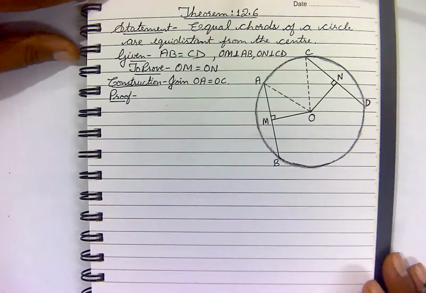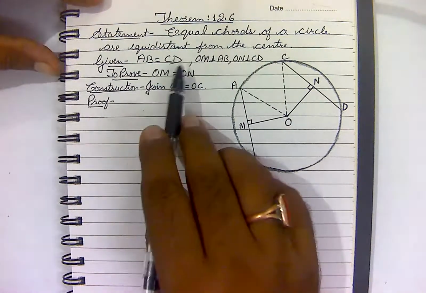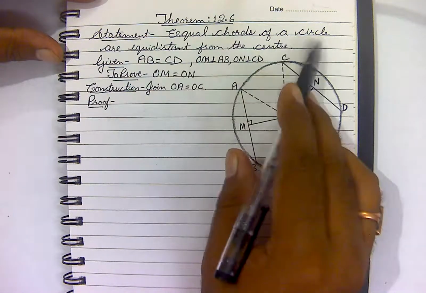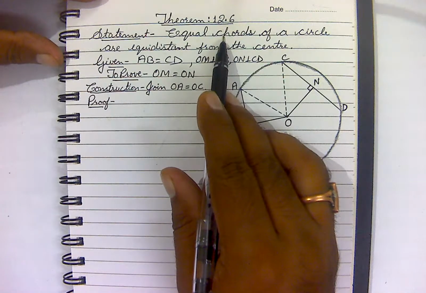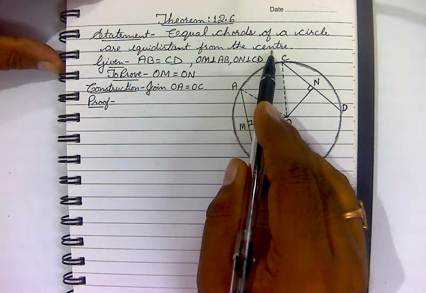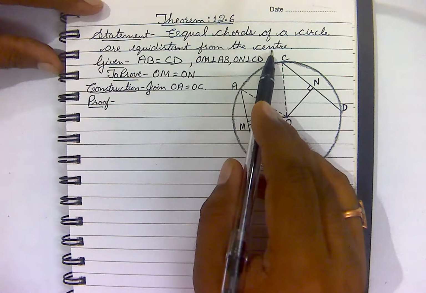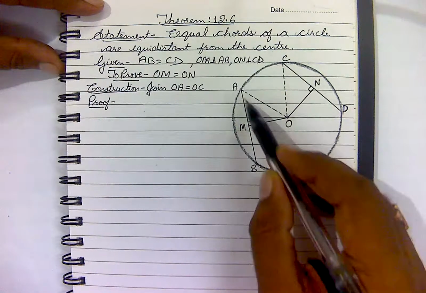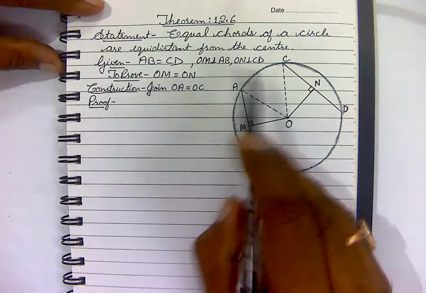It says that equal chords of a circle are equidistant from the center. It means if there are two chords which are equal in length, then they lie at equal distance from the center. So given, as you can see here, there is a circle where chord AB and chord CD are equal.